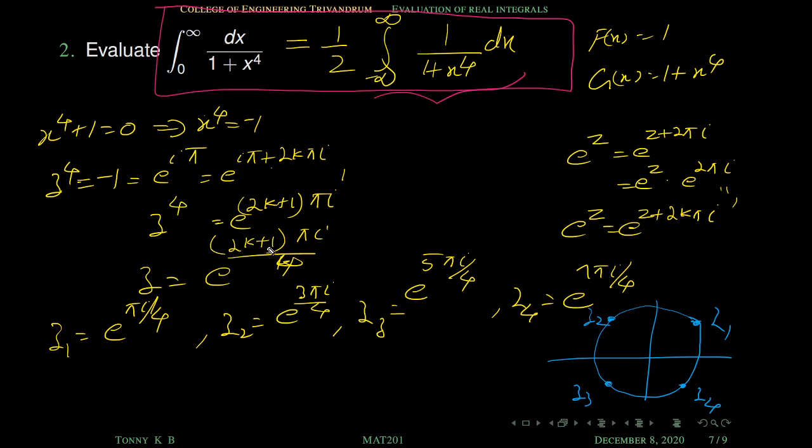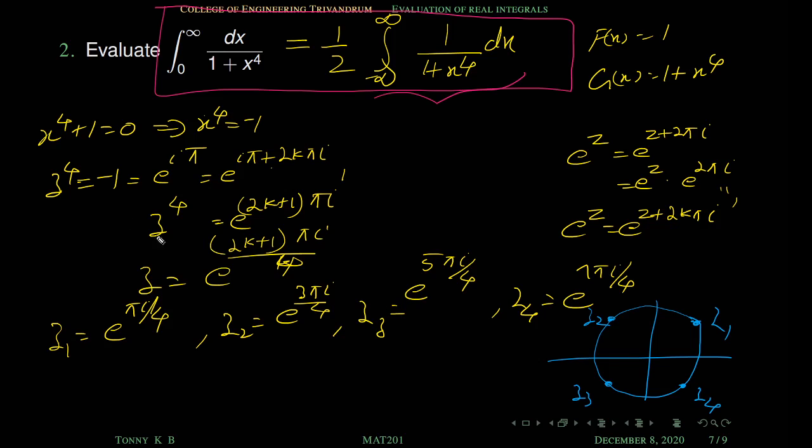Similarly, whenever k equal to 5, that complex number is equal to the one corresponding to k equal to 1, that means z2. Similarly, the root corresponding to any other k will be one among these four roots: z1, z2, z3, z4.